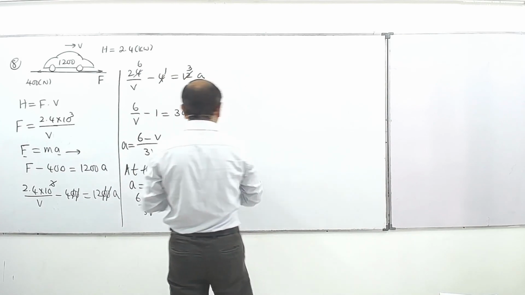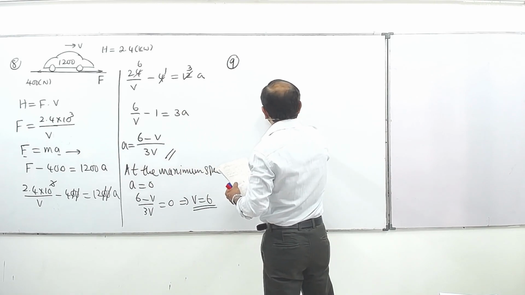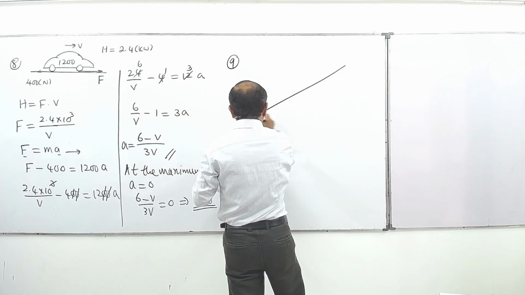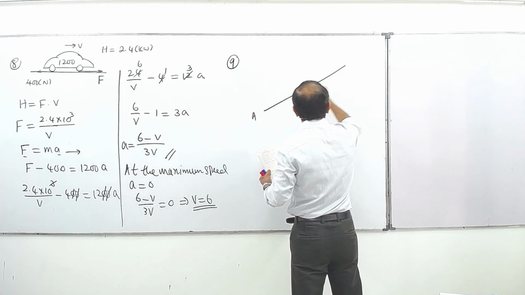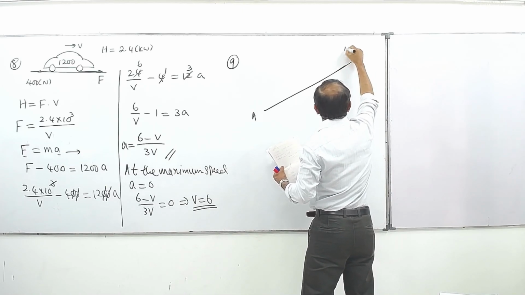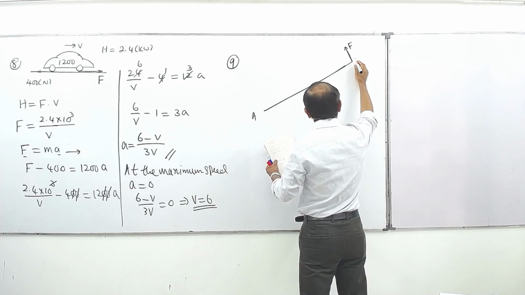Number 9. Yes, this is the rod. A here. Right. B here.